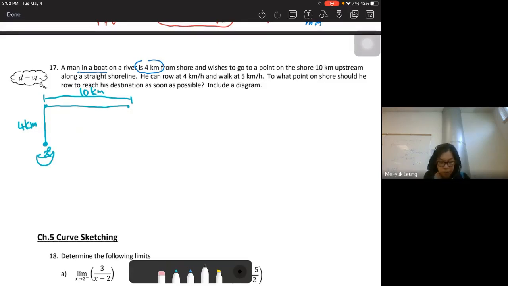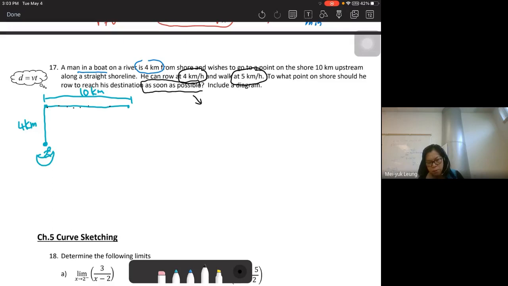So what happens here? He can row his boat at this speed, 4 kilometers per hour, and he can also walk at this speed, 5 kilometers per hour. So to what point on the shore should he row to reach his destination as soon as possible?